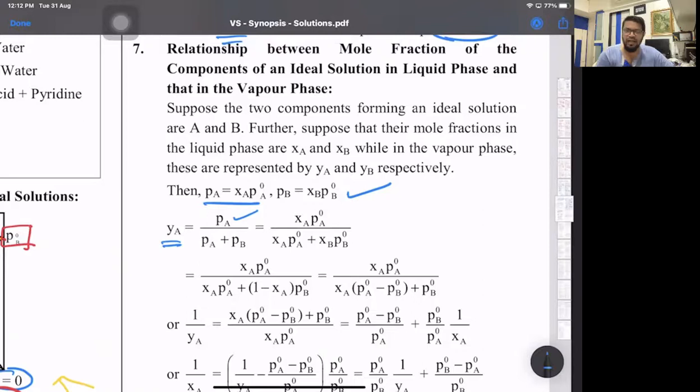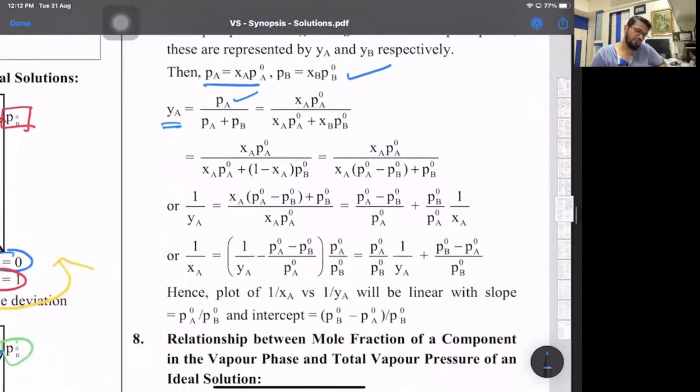If you equate and calculate, the plot of 1 upon XA or 1 upon Y will be linear with the slope P naught A upon P naught B, and the intercept is P naught B minus P naught A upon P naught B.